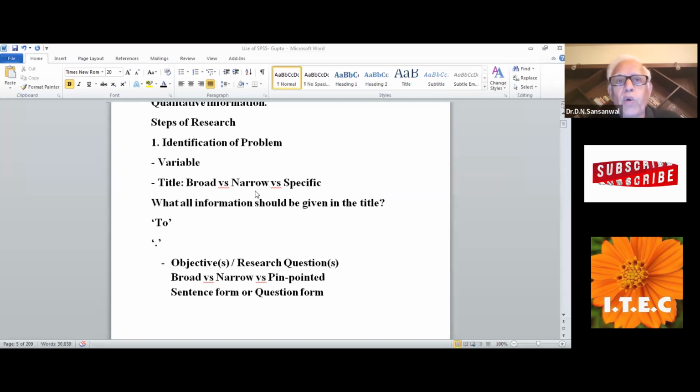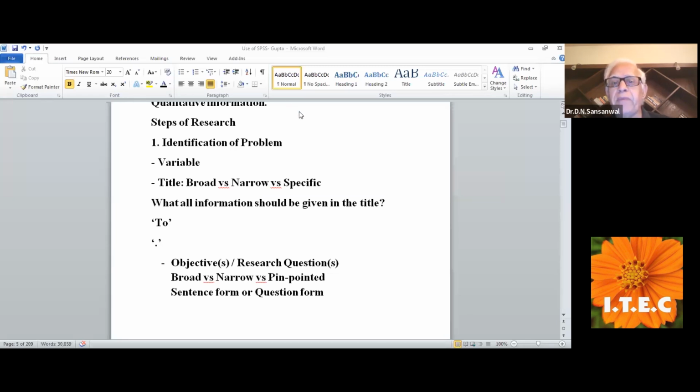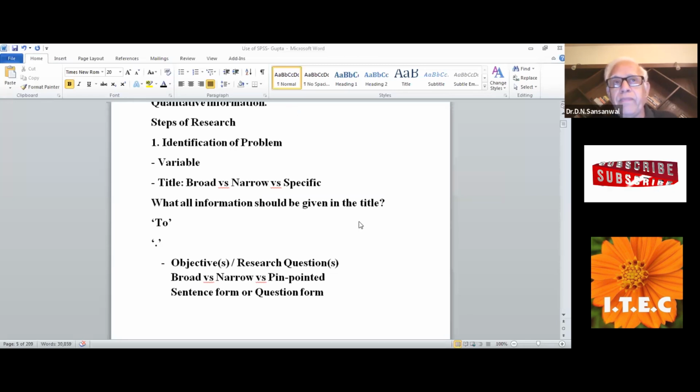Because you will know what to do next. And if your objectives are not pinpointed, then you will not really know what to do next. So this is the sequence: variable, title, and objective.